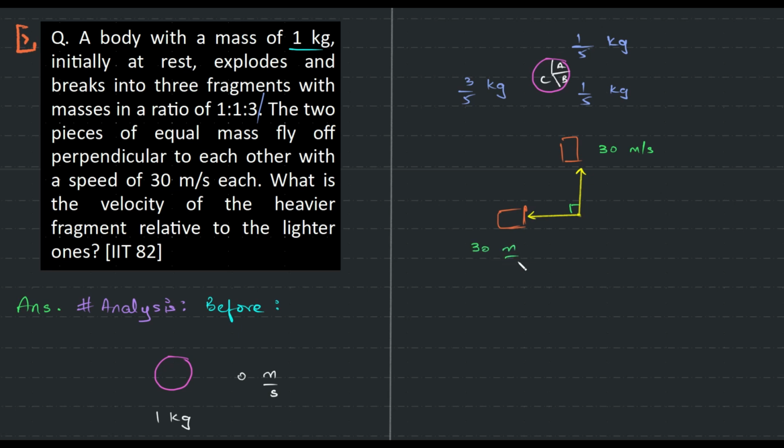30 meter per second. What is the velocity of the heaviest fragment relative to the lighter ones? Okay. So the third one will fly off in this manner, with a bit lesser velocity though.